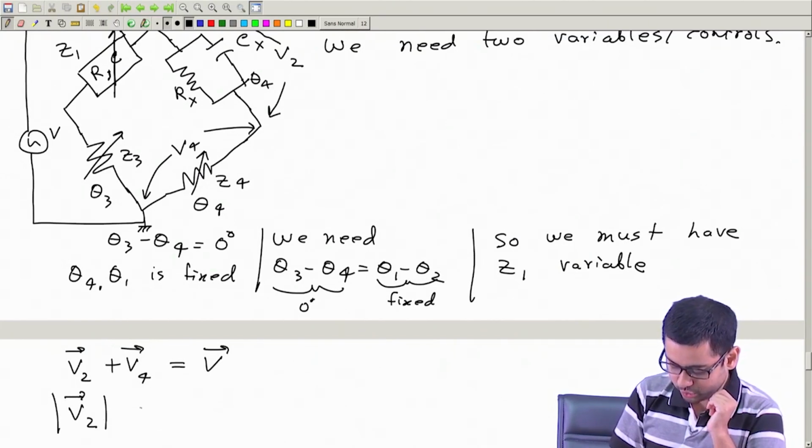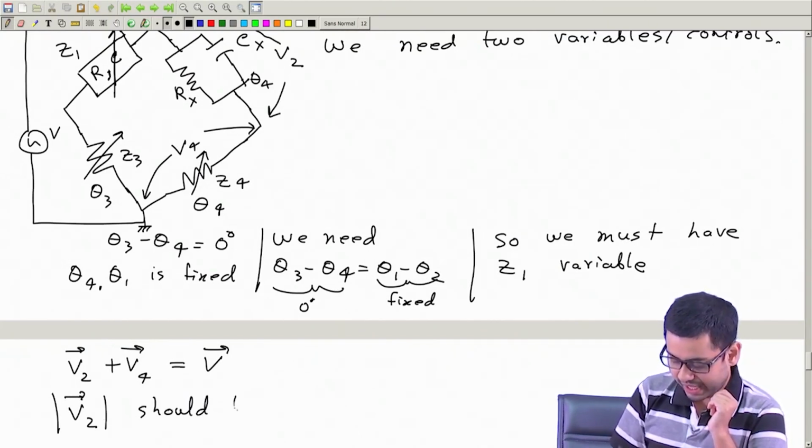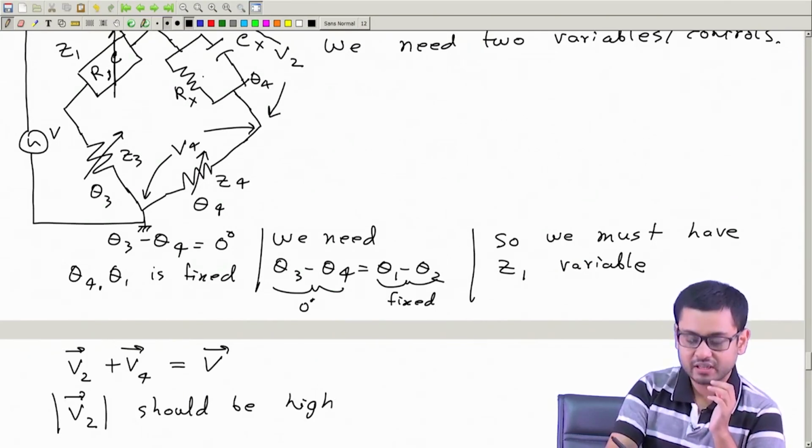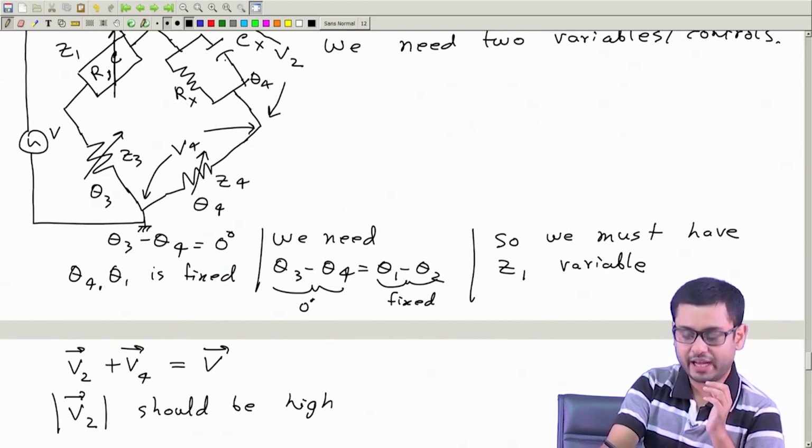The magnitude of V2 should be high. Why? Because we want to do this test with a high voltage applied across this capacitor.